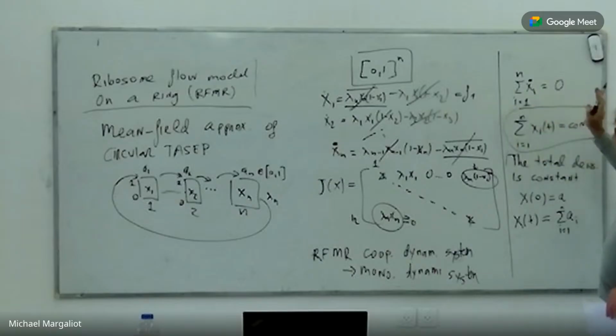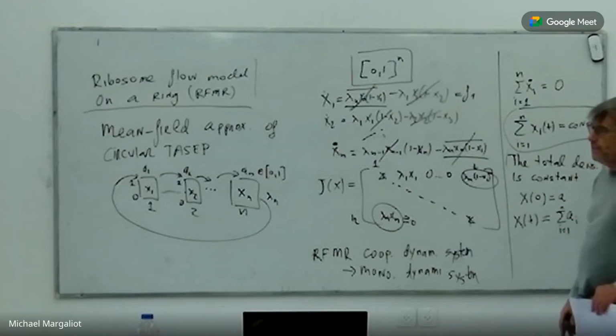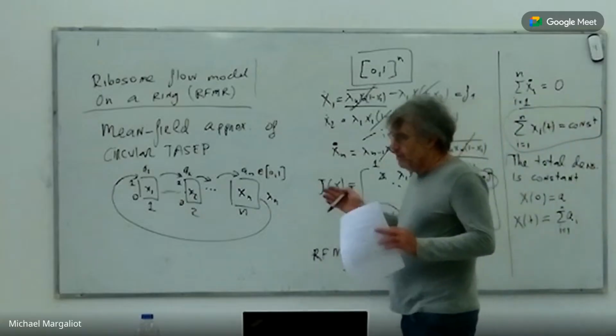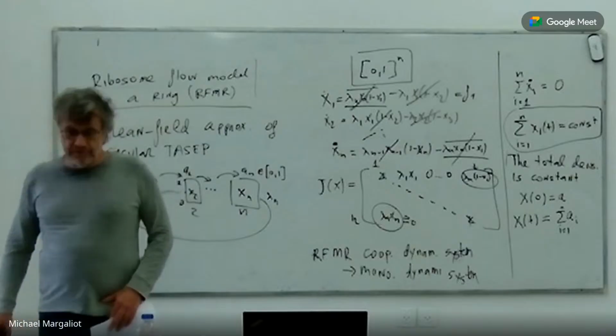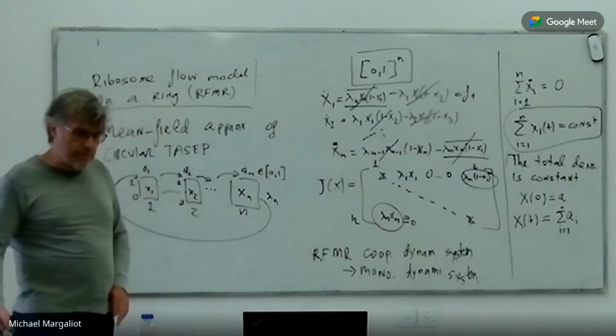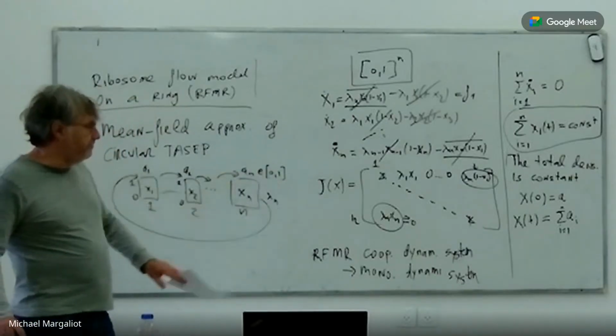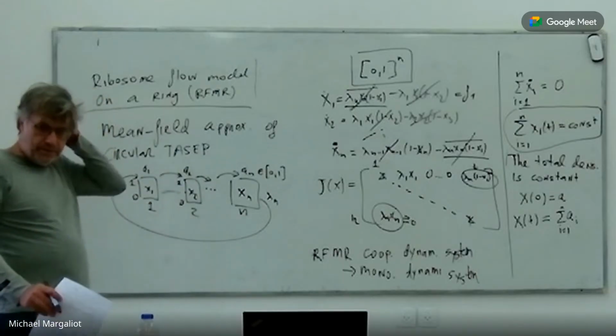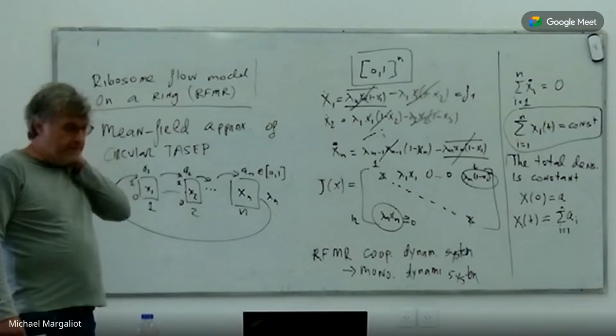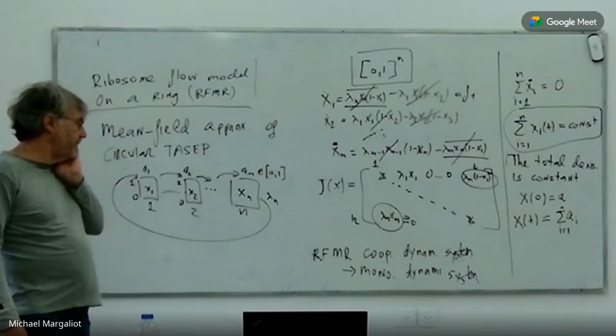So as I said, the total number of particles remains the same. They only redistribute between the sites. And this is an important property because when we speak about networks of RFMs, the main network that we will talk about, I don't know yet how much time we will have exactly, will also have this property that it is a closed system and the total density of particles remains the same.